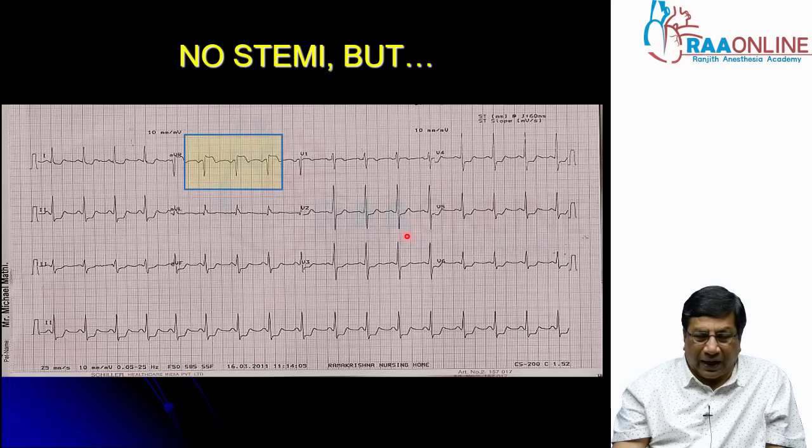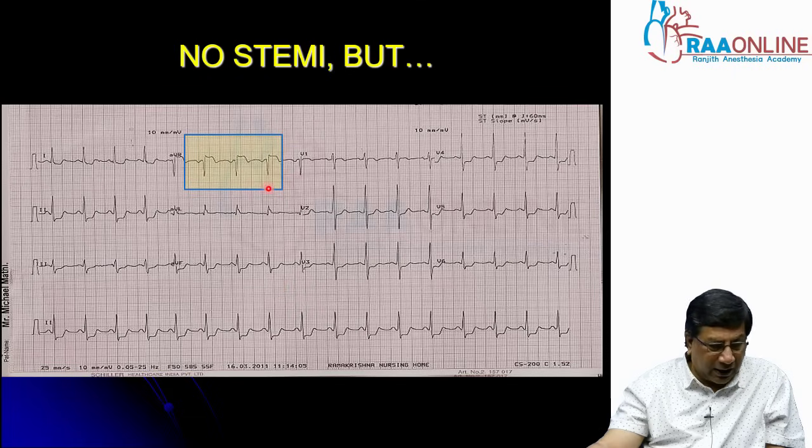So in the presence of anterior ST segment depression, if you have ST segment elevation in lead AVR, it means a critical left main lesion. Although this ECG is not very dangerous looking, with some amount of moderate ST segment depression in some leads, this is the most critical ECG of all I have shown you.